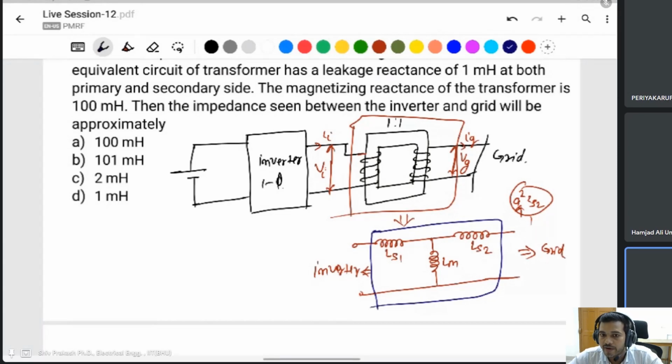It can't be solved directly because any side is open circuit, and current is flowing from here to here. If you short one side, then you can find the Thevenin equivalent. But if you short the grid side, then you find only the impedance of the input side or inverter side. If you short the inverter side and find the impedance of the grid side, then this will be the equivalent impedance of the transformer on the grid side only. But it is asking about the total impedance of the transformer between them.